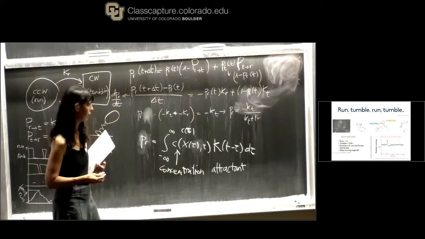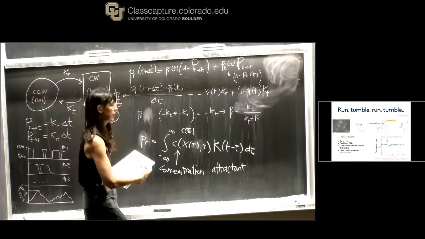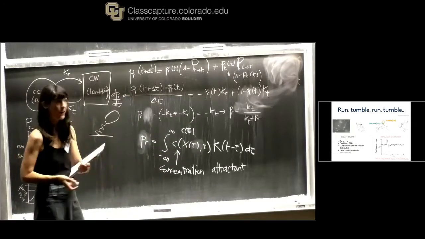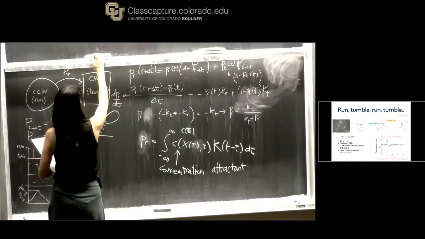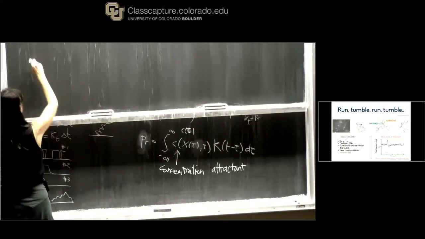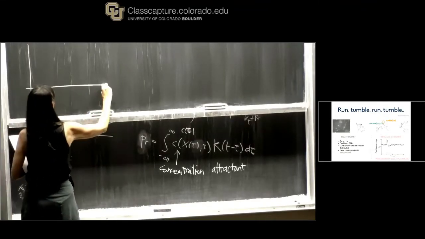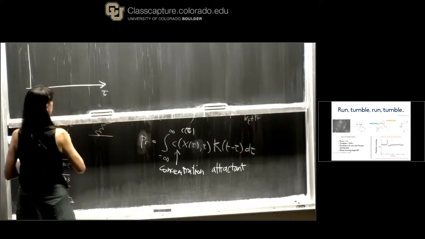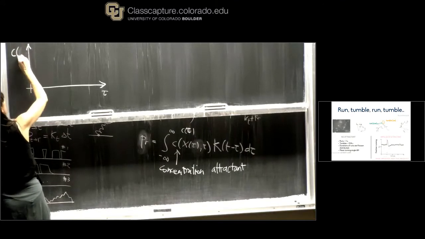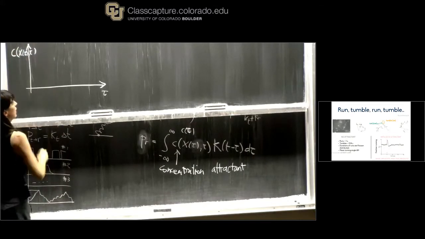Okay, so let's get a pictorial view of this convolution. What does that mean? Well, this is the time course, tau, and this is the concentration that the bacterium is experiencing in time.